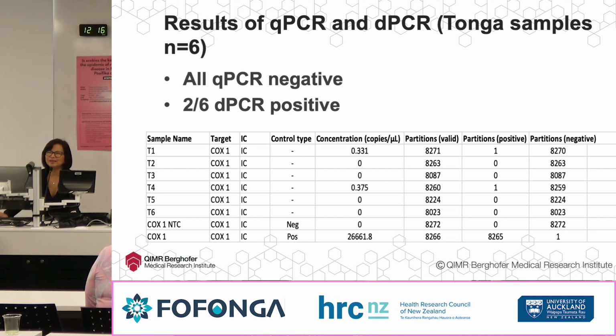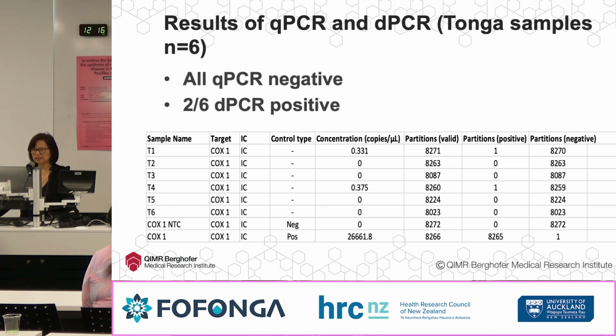So I've rerun them. Out of the 6, I got 2 samples that were positive. So it's true enough that digital PCR is not sensitive to inhibitors. It could just be some inhibitors in the first run with qPCR. And as you can see, I've shown you the positive partition.